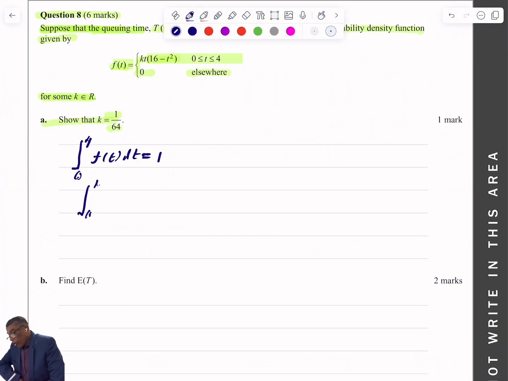We know that the total probability of the probability density function is equal to 1.